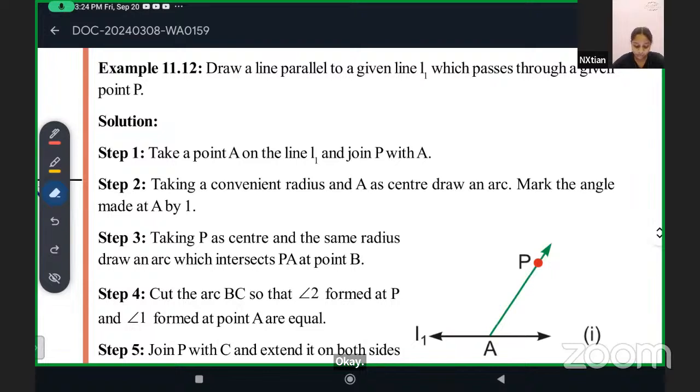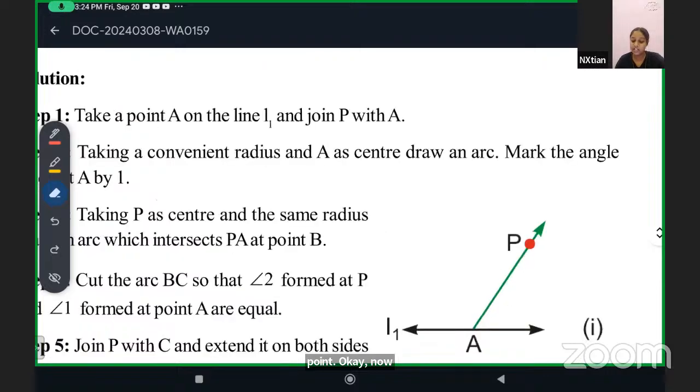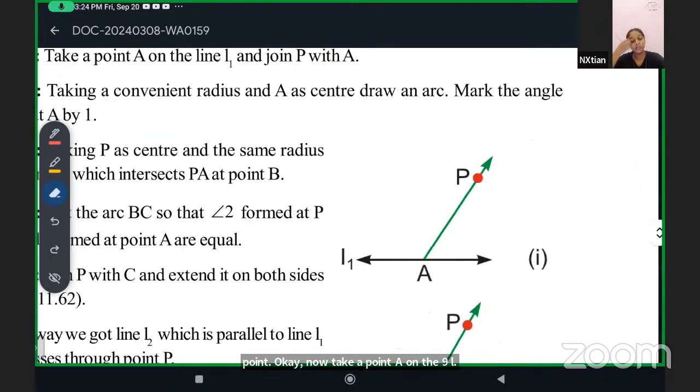Now take a point A on the line L1. First mark the P point.